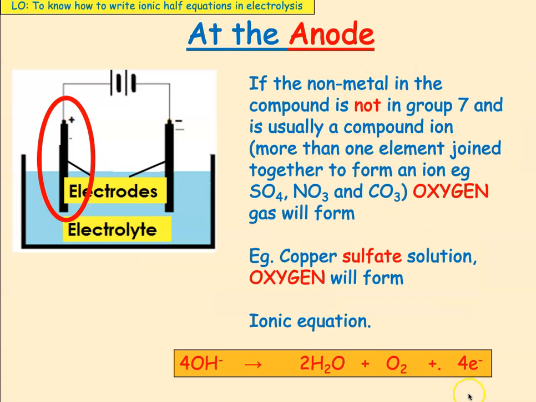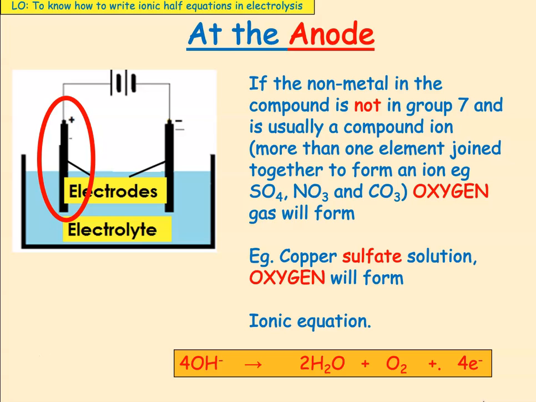We did mention that when oxygen's made, we've got a more complicated ionic equation that we need to learn. It is quite difficult, I know, but you need to learn this off by heart. 4OH- gives us 2H2O plus O2 plus 4 electrons.